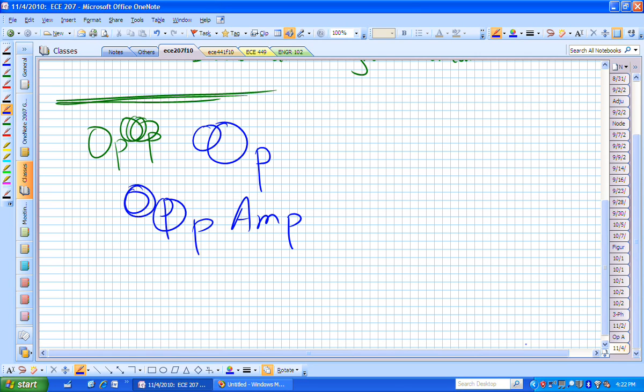You are trying to squeeze the two input terminals of your op amp towards each other, or cause V sub D to equal 0. And in this case, I guess I labeled that via V sub I, but that's the negative of V sub D.